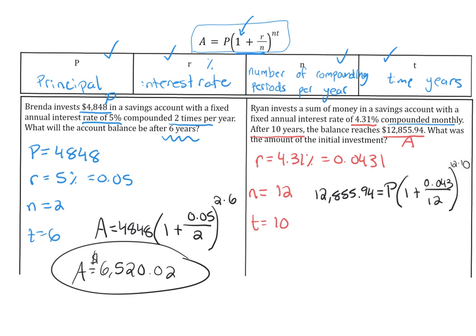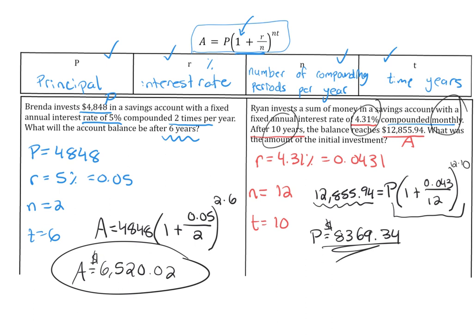And we need to solve for P. So really what we're going to be doing is this divided by all of that. And if you do that, you should get that the starting amount was $8,369.34. So starting with this much, with this interest rate and this much time compounded monthly, you would end with the 12,000.